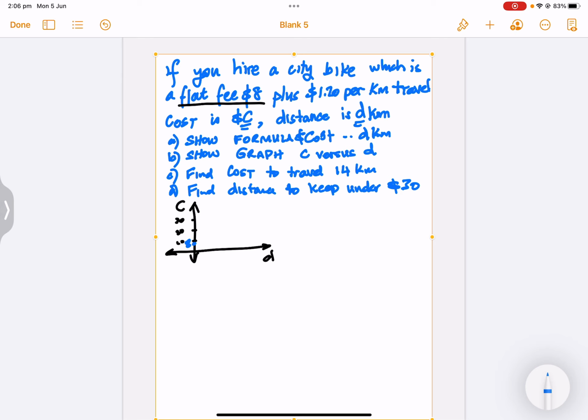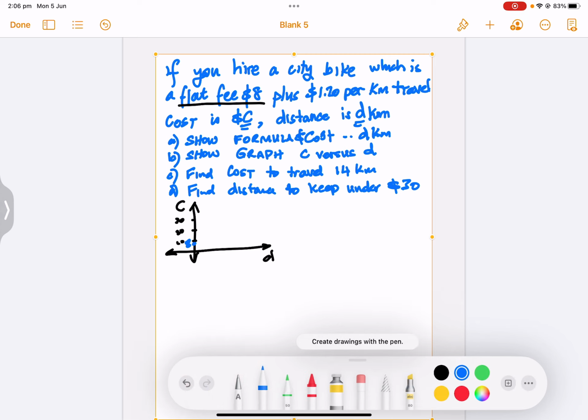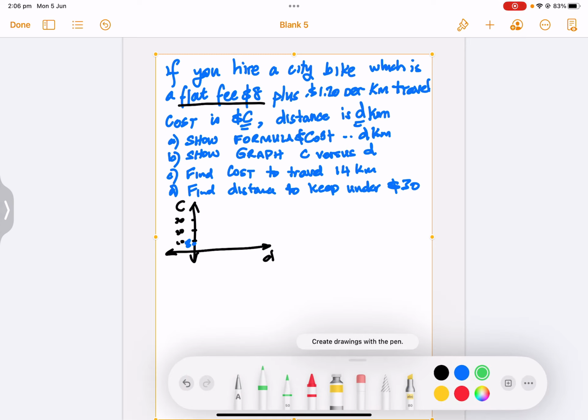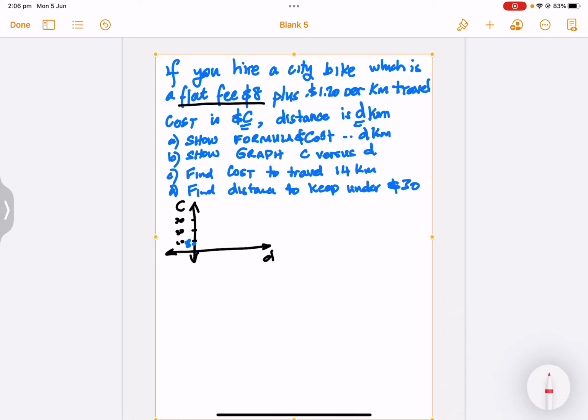And this $1.20 per kilometre is like the gradient of the graph, because for each kilometre the cost goes up by $1.20. So for every 1 kilometre it goes up. Let's go 10 kilometres.